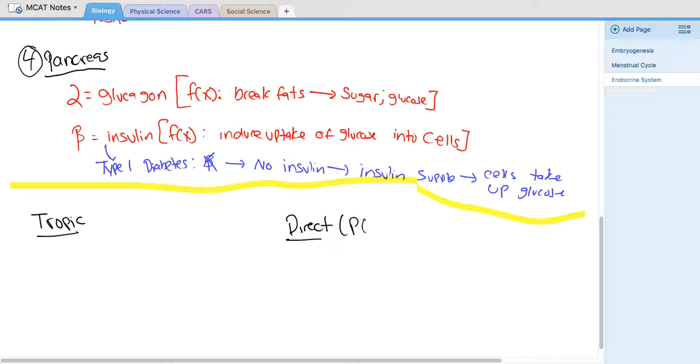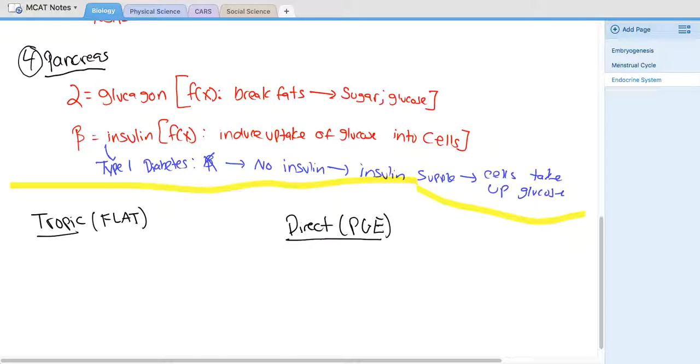So direct hormones are PGE, which is prolactin, growth hormone, and also endorphins. And tropic are FLAT.